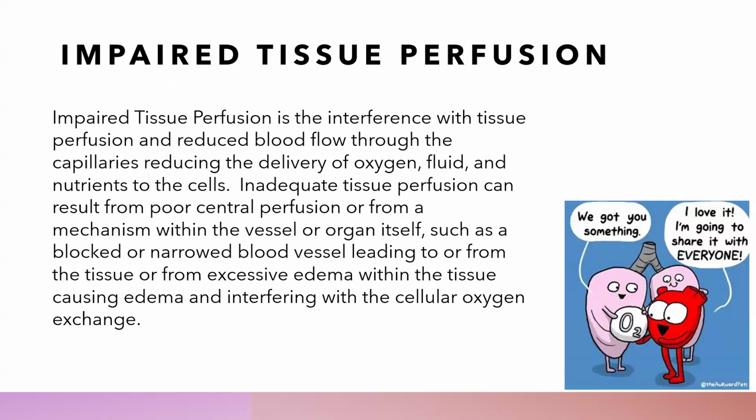So localized impairment of tissue is often associated with occlusion or constriction of the arteries, which interfere with blood flow to the tissue supplied by the affected artery. In that situation, impairment is limited only to a specific area. Impaired tissue perfusion can also result from mechanisms within that tissue or organ.